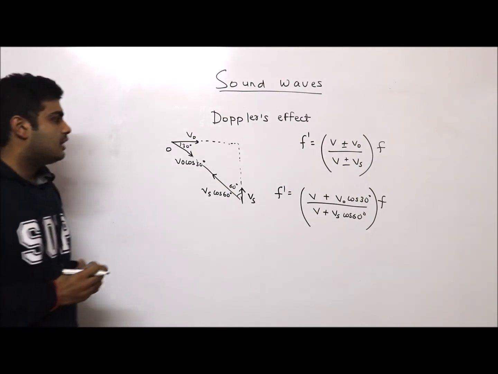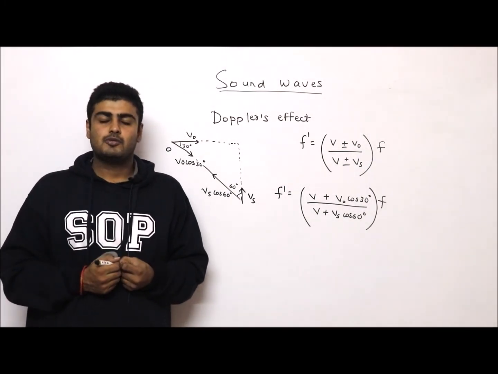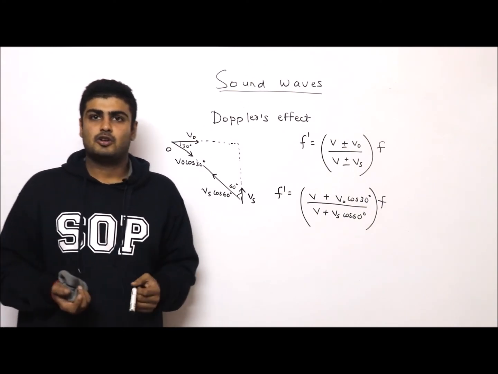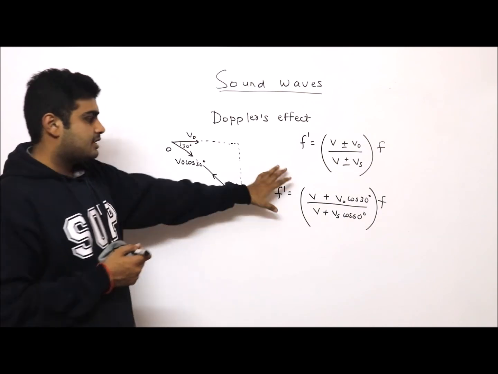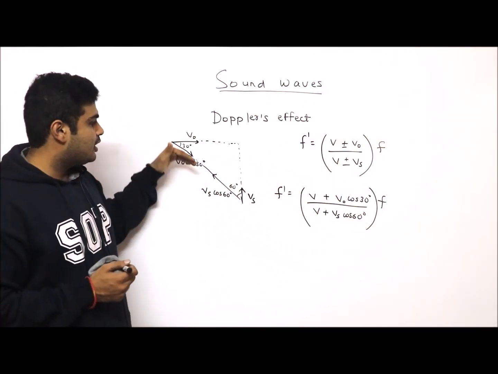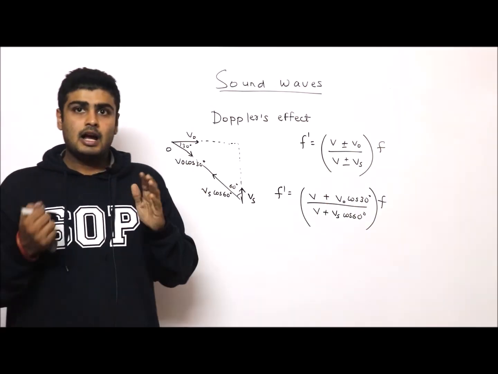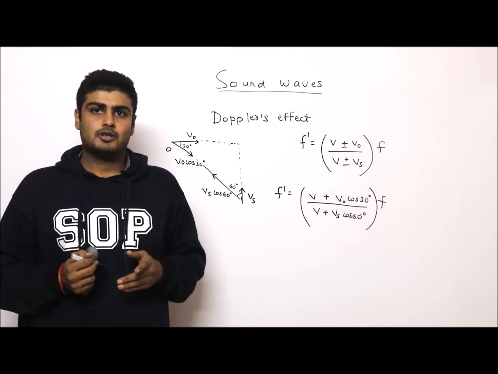So this is how we write the Doppler effect. It is one of the most important questions that will be asked in your board exams or objective exams, so the concepts should be crystal clear. There should be no confusion. The velocity of the observer and the source is seen along the line joining the source and the observer.